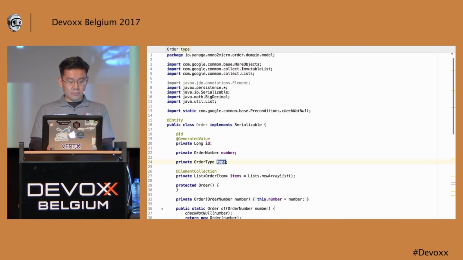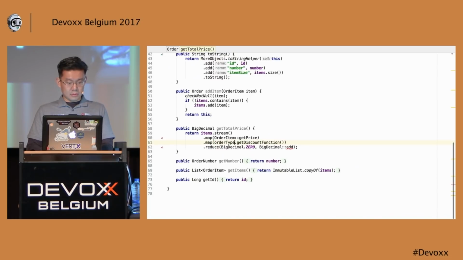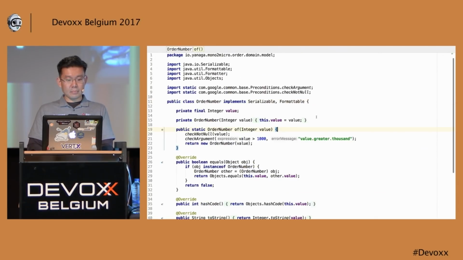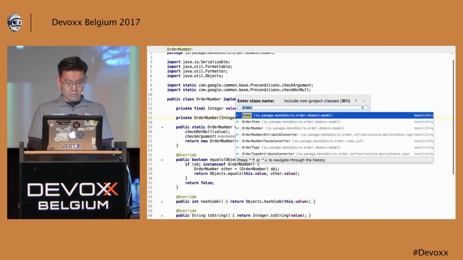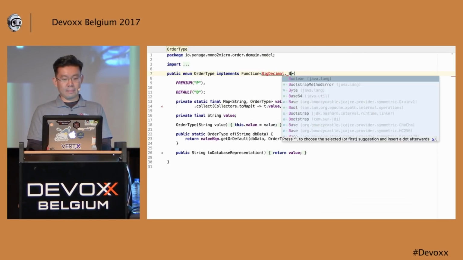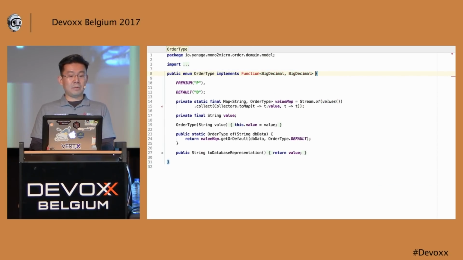which is not a valid order type. If I want a get discount function, I'll get here first order type. Oh, sorry, order type. So now I want to implement a function which returns for me a big decimal. I could be implementing directly. I could have a map if I want to have different functions, not only for discount.